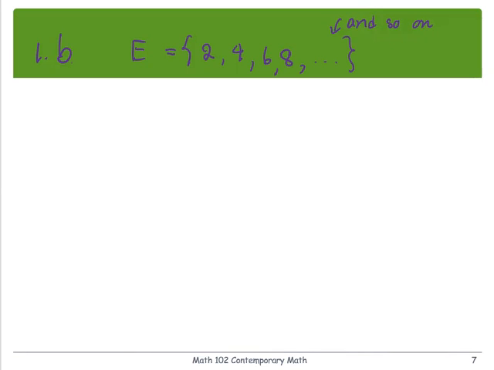Okay, so we're going to write it in the word description form. We can say E as the name of the set, equal sign is, starting with the set symbol, E is the set of, and what is the common property of these numbers? The set of even numbers.